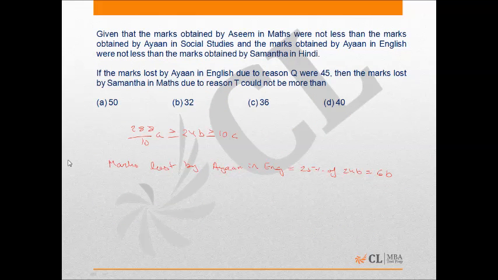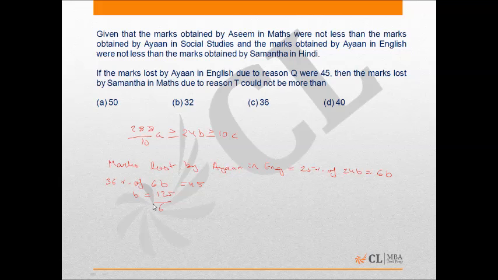So I have to find out 36% of 6B. Fine, and this is given as equal to 45. On solving this, I'll get B is equal to 125 by 6.